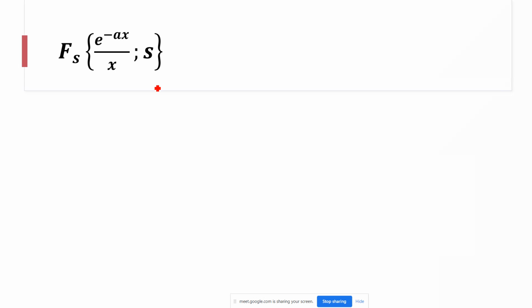So what I did is I started with Fourier sine. I don't know where my screen sharing stopped. Fourier sine of e raised to minus ax converted to variable s is nothing but root 2 by pi, s upon s square plus a square. फिर हमने क्या किया था, यहां पर इसका फॉर्मूला यूज कर दिया.